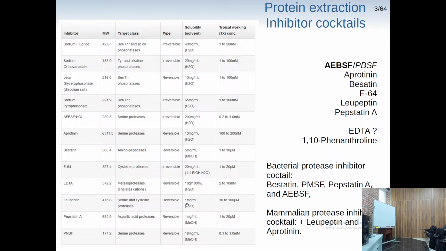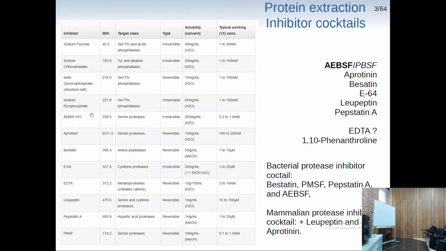Usually some of them come in a DMSO vial and you just dilute it in water, but some of them need addition of ethanol.